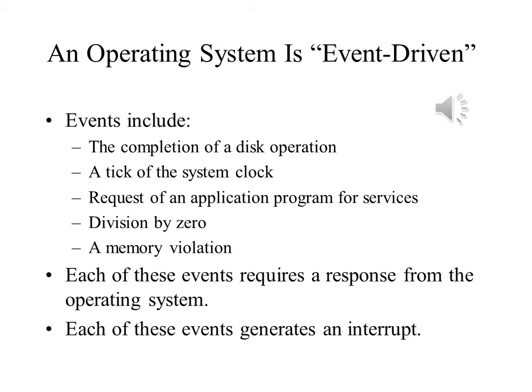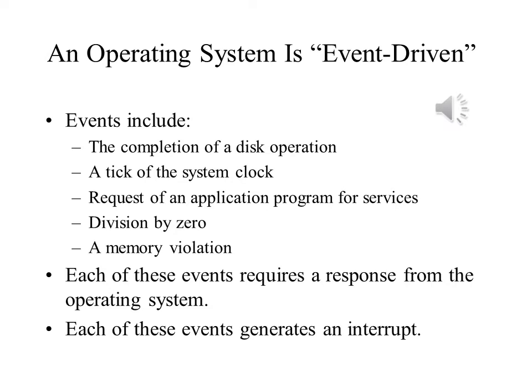The events usually occur because of something in hardware. A disk operation is finished, a system clock ticks, a user program tries to access a part of memory that is not available to it, and so on. There are also some events that the program causes itself, such as a request for a service of the operating system, or trying something that it should not do, such as dividing by zero.